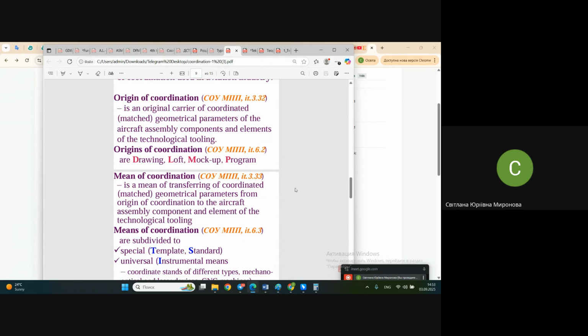Theoretical drawings, assembly drawings, and so on. So 3D models may be considered origins of information. And what will be the origin of coordination then? Programs, CNC programs obtained by means of a computer or written directly.